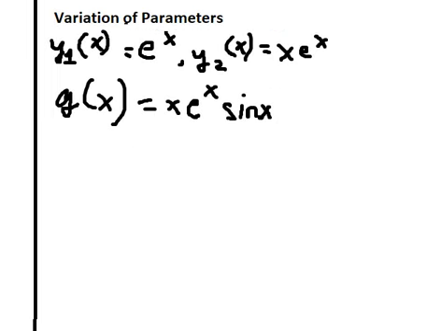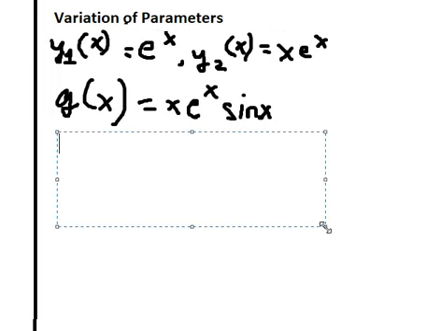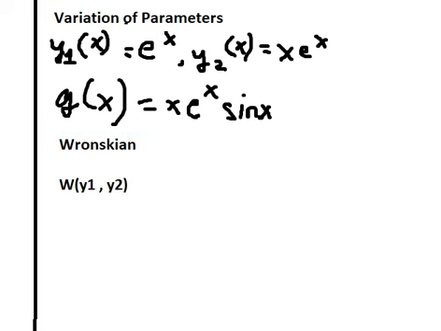Now on the next one, we need to find the Wronskian. So that should be W between y1 and y2. So that should be like this.